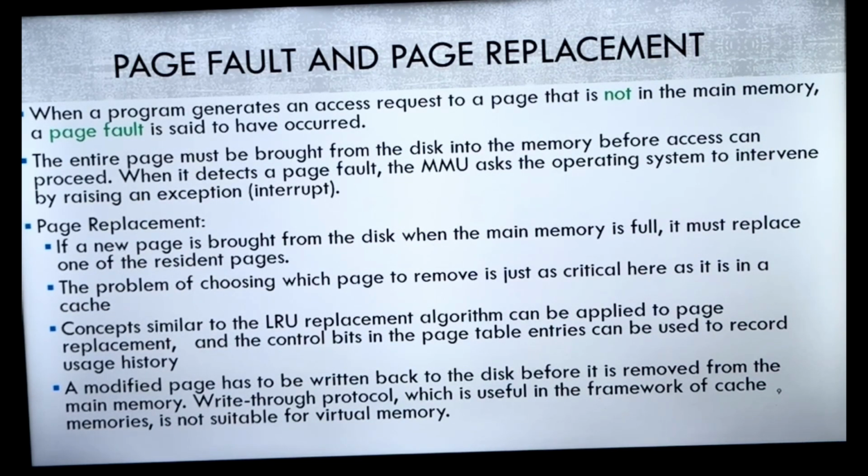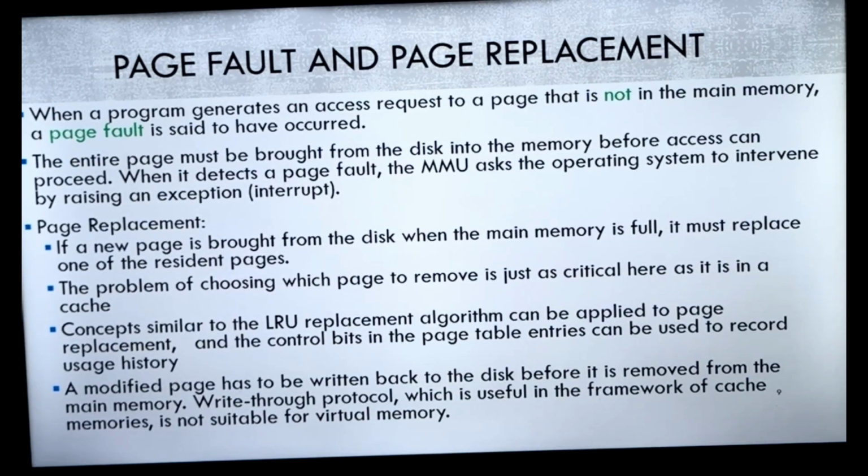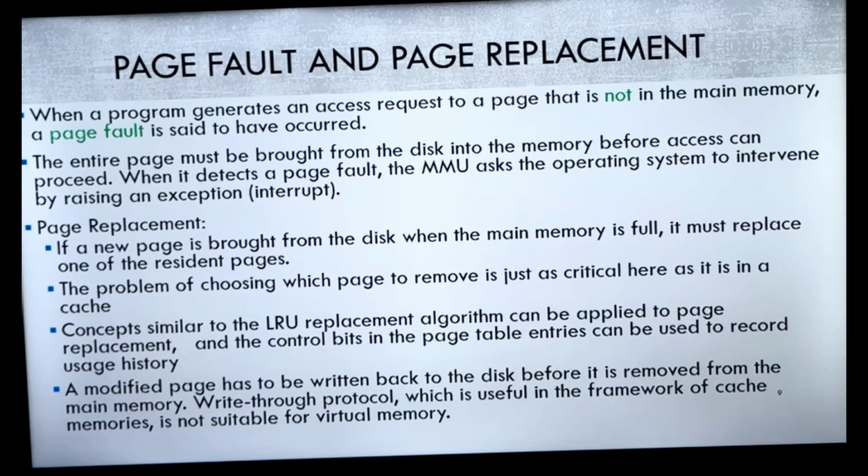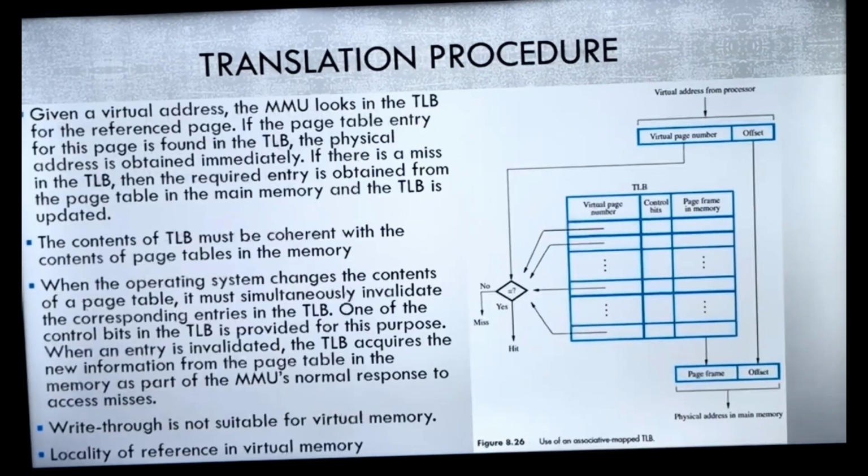And again, if your TLB is already full, then what do you have to do? You have to replace some old pages with the newest one. For that also, we can use the same concept called LRU, least recently used. So this is how your virtual memory works.